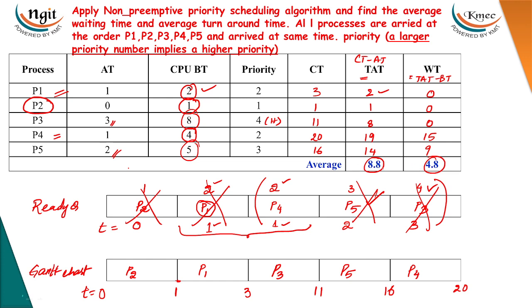So you will get 2 plus 1 plus 8 plus 19 plus 14, 44 divided by 5, that is 8.8. Then this will be 24 divided by 5, that is 4.8. Okay, so this is priority scheduling, non-preemptive priority scheduling.